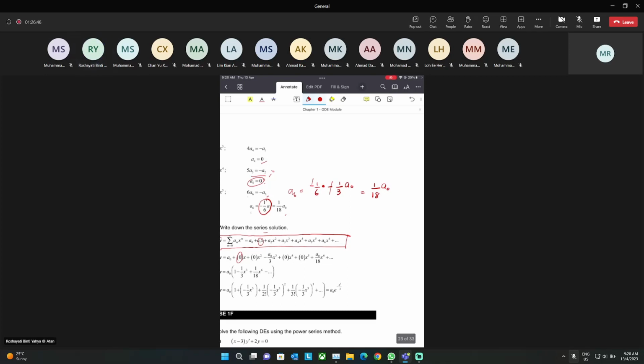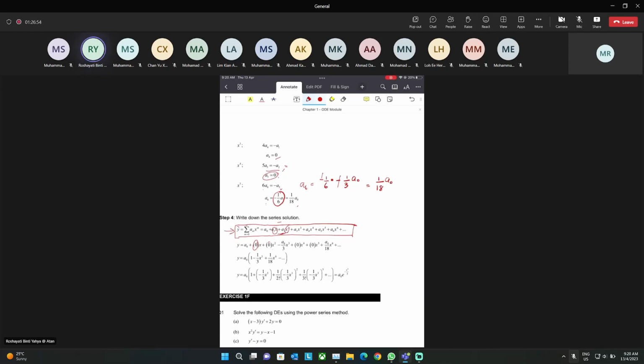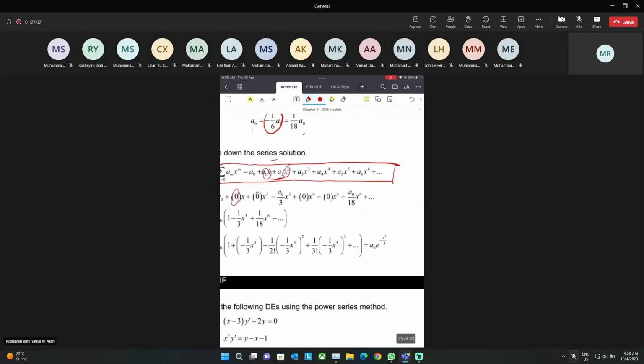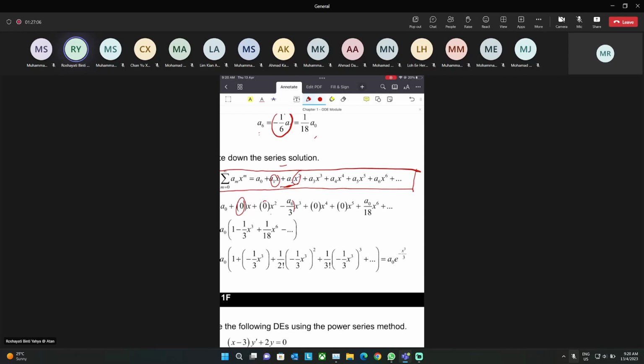Okay. X squared. Okay, multiply with A2. A2 here. So A2 equal to, also A2 equal to 0. Okay. A0 x cubed over 3.